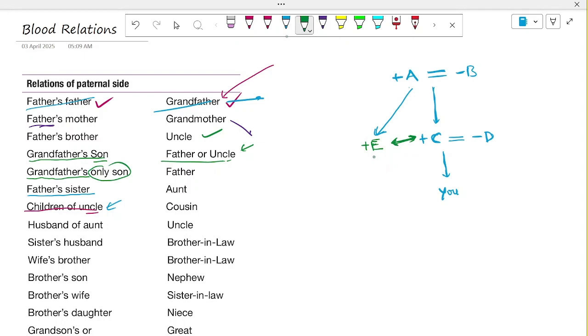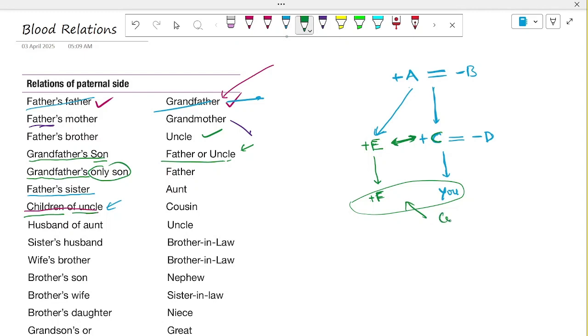Now if he is having a child, let's imagine that he is having a child, plus or minus F. So how are these both related? The question is like this: children of uncle. He is your father, his brother will be your uncle, and his children will be what?